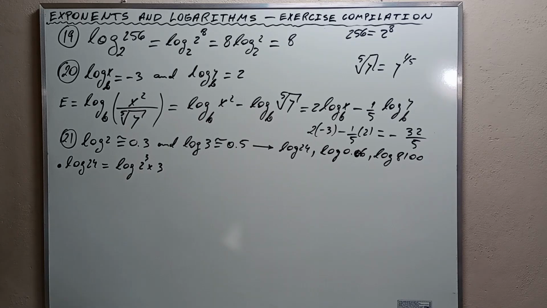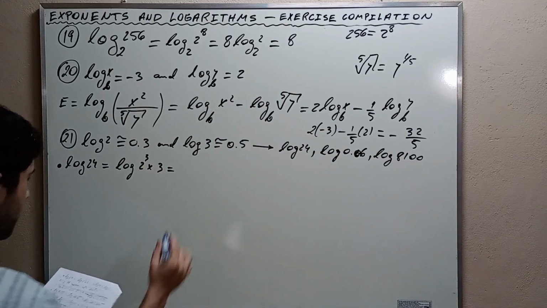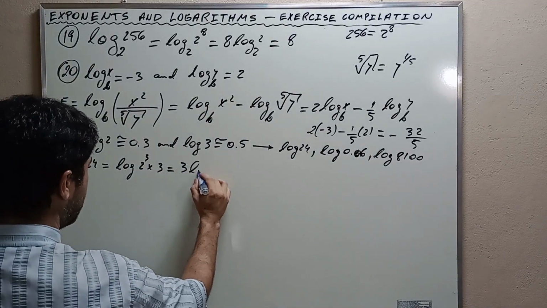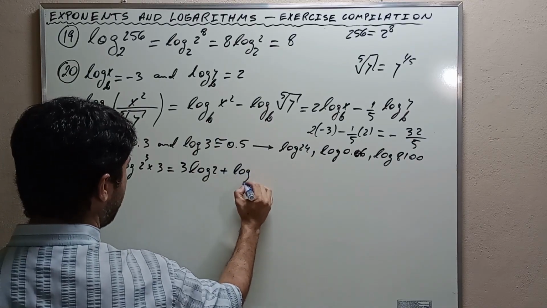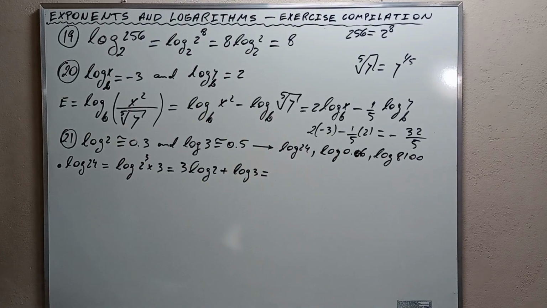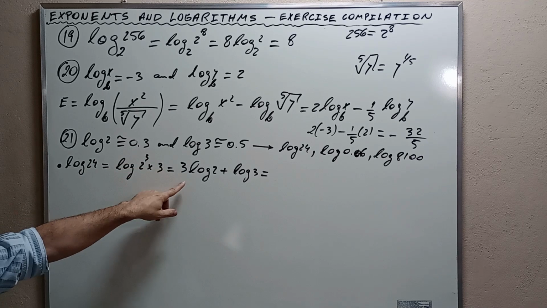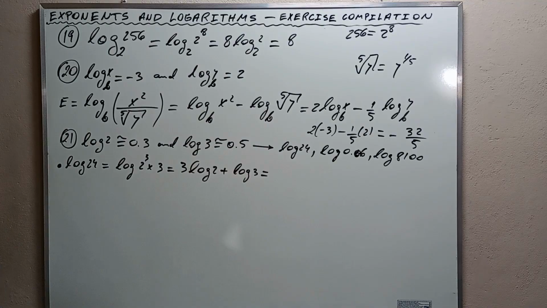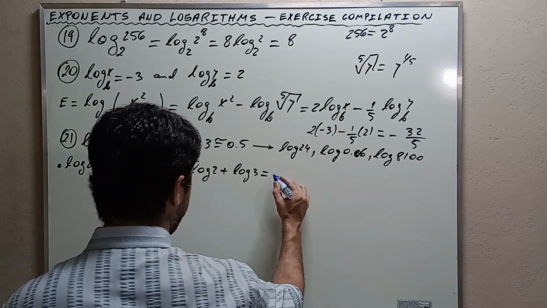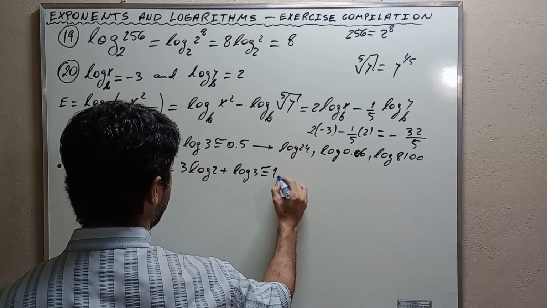We apply the rule of the product, and passing this power to this side, it becomes 3 times the logarithm base 10 of 2 plus the logarithm of 3. And we simply use the values. In the place of the logarithm of 2 we put 0.3, and in the place of logarithm 3 we put 0.5, and we find that it is approximately 1.4.